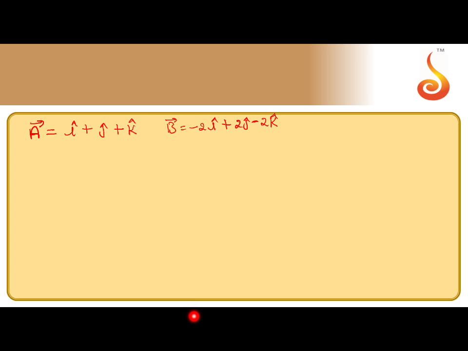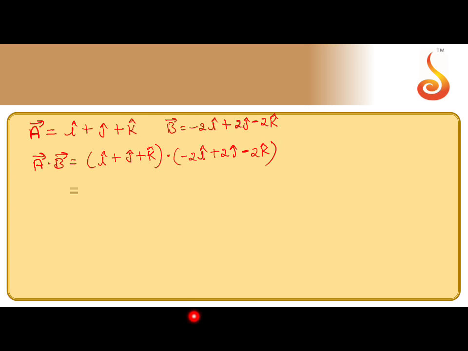How do we find the dot product of the two? A dot B is equal to (i plus j plus k) dot (minus 2i plus 2j minus 2k).